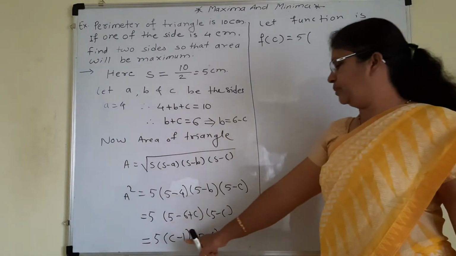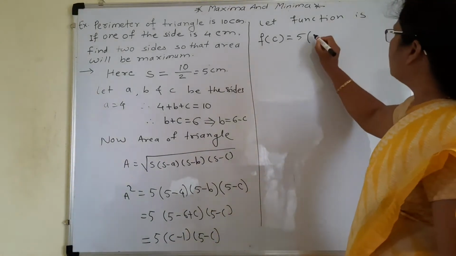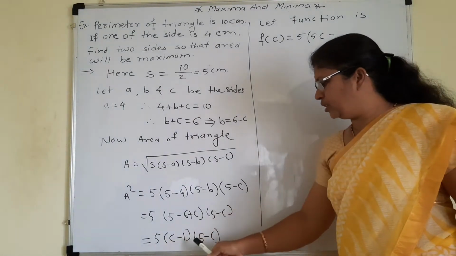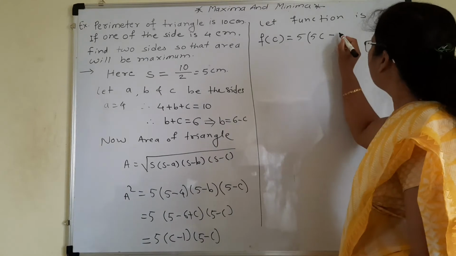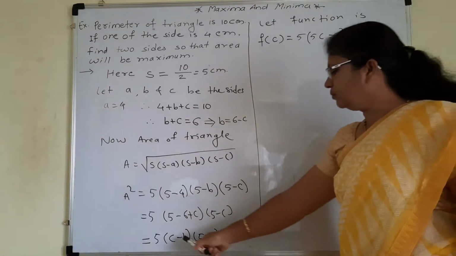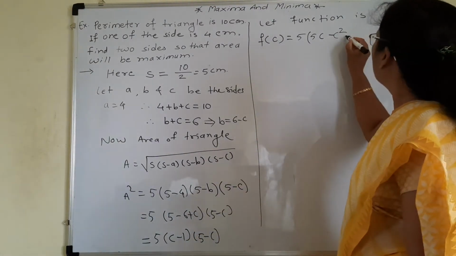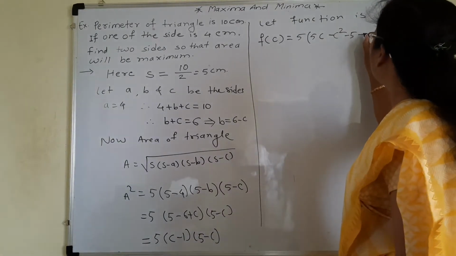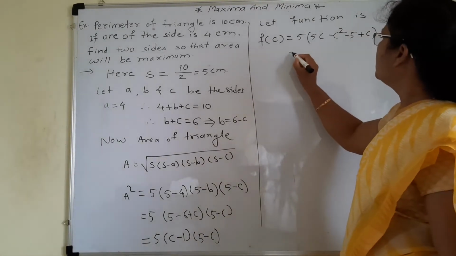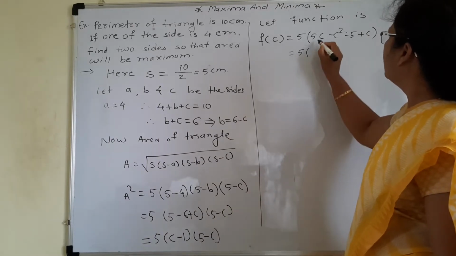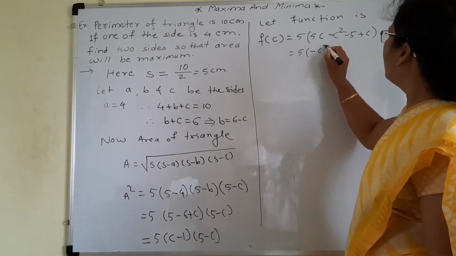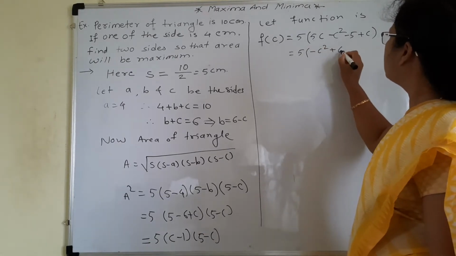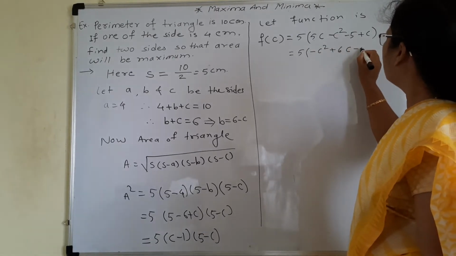Opening this bracket: 5c minus c square, minus 5 plus c. So this is equal to 5 into bracket minus c square plus 5c plus c, that is plus 6c, and minus 5.